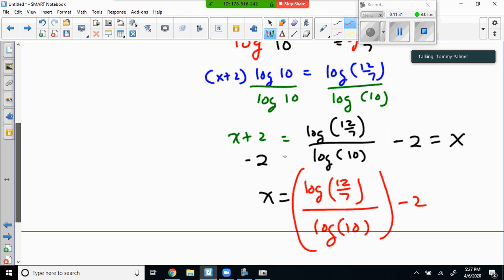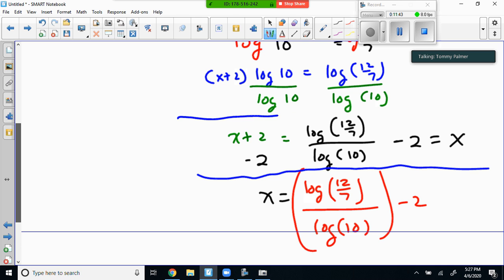And then you have this, which you can separate. If you just subtract 2, you'll have x. But you have to do the logs first, being divided, and then minus 2. So that's how that works out.